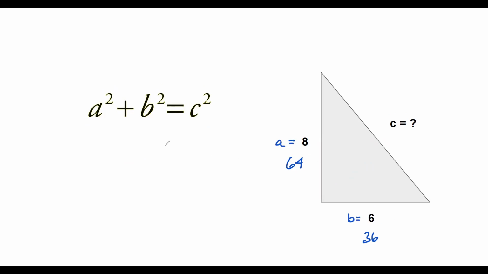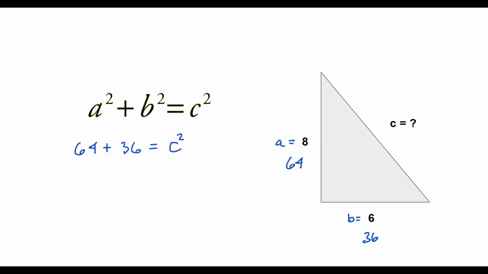It's just kind of helpful to keep track of. So A squared is 64 plus B squared is 36. I strongly encourage you to try to follow along with your calculator here. You're going to get more out of it if you can do that. If you don't have your calculator, pause the video and go get it.